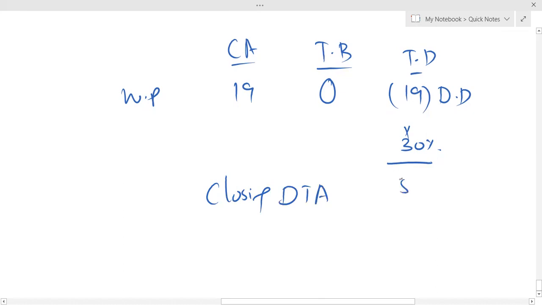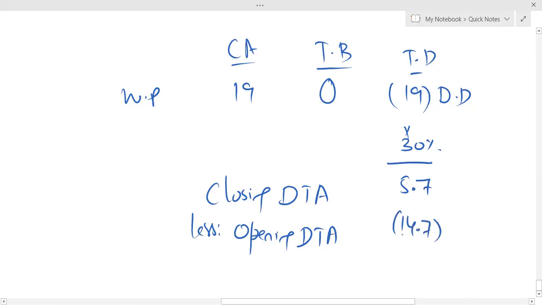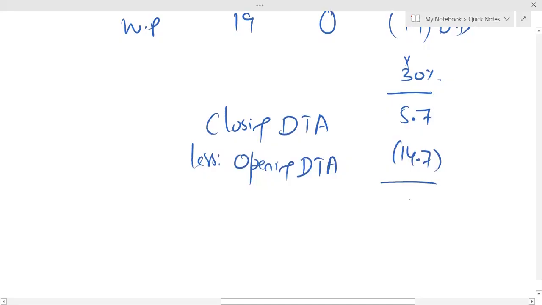I'm getting 5.7. Less opening deferred tax asset. Opening deferred tax asset is 14.7. So listen carefully. There's a reduction in deferred tax asset. Reduction in deferred tax asset is treated as deferred tax expense.